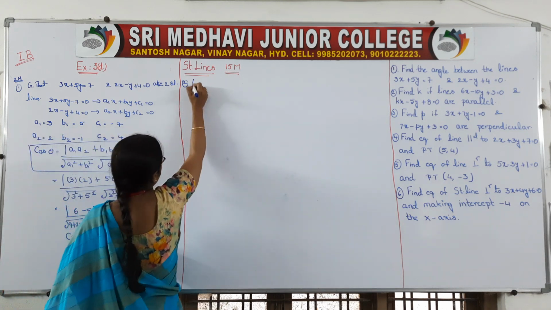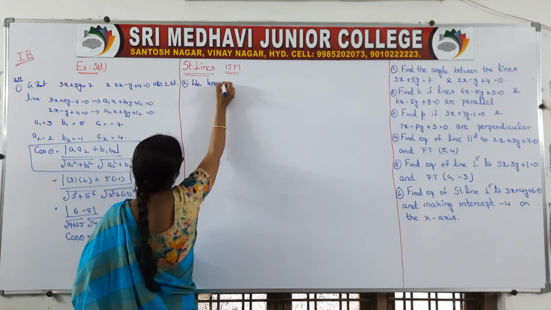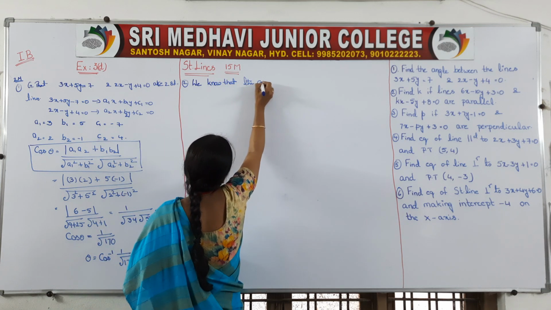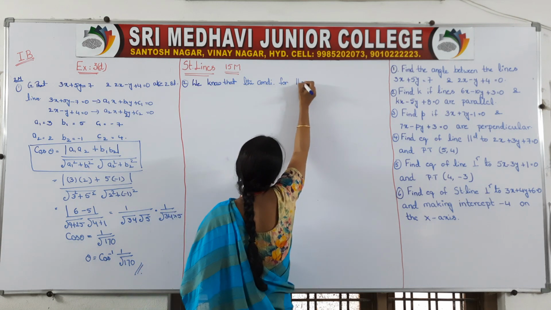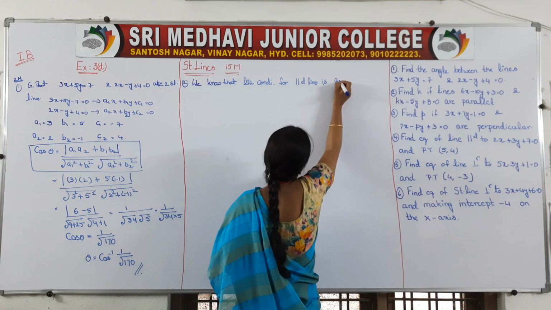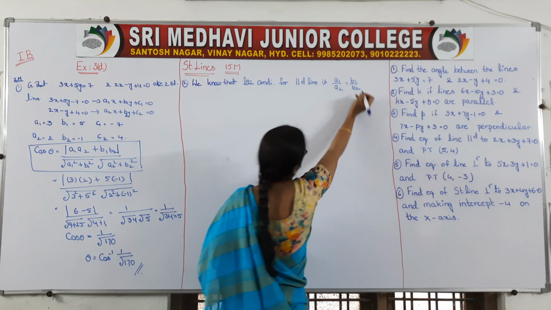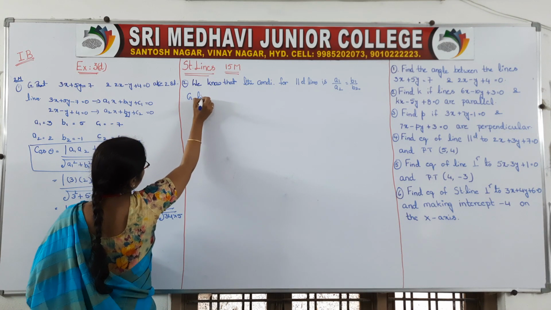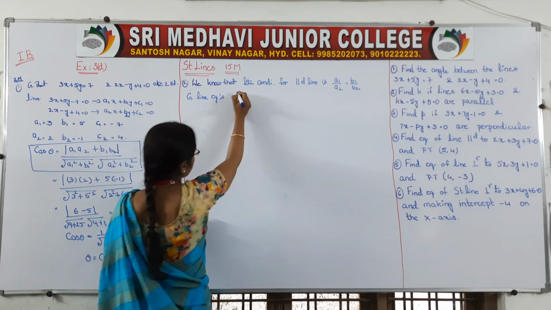So we know the condition for parallel lines: a1 by a2 is equal to b1 by b2. What are the given line equations to us?